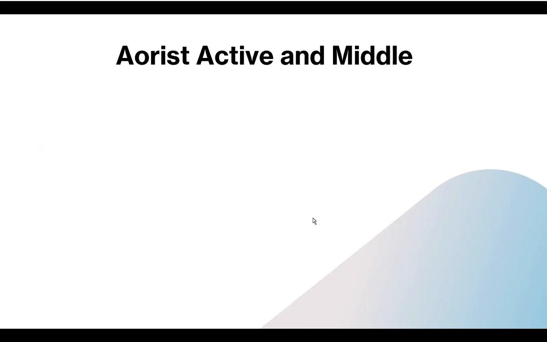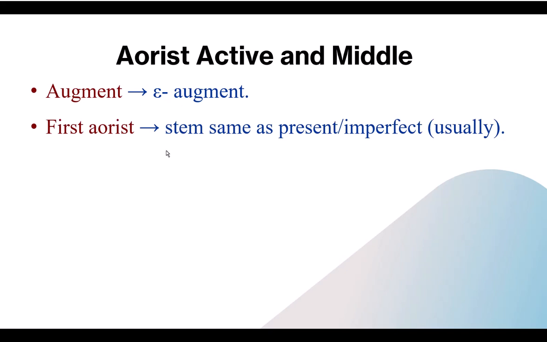So the aorist active and middle, we saw those recently, and we noted that for both imperfects and aorists, we have an augment, typically this epsilon augment that comes before the rest of the verb. And for first aorist, we have a stem that's the same as the present or imperfect, usually.